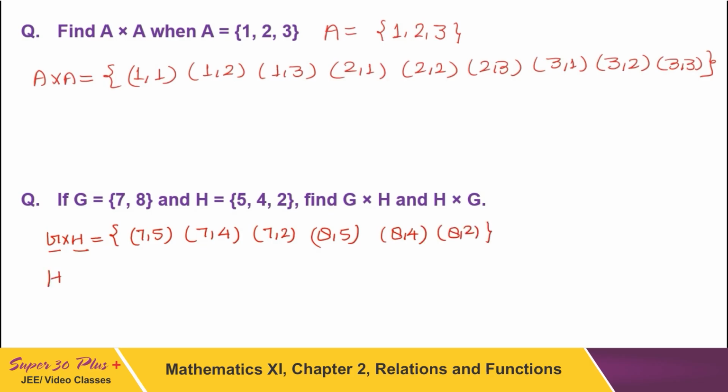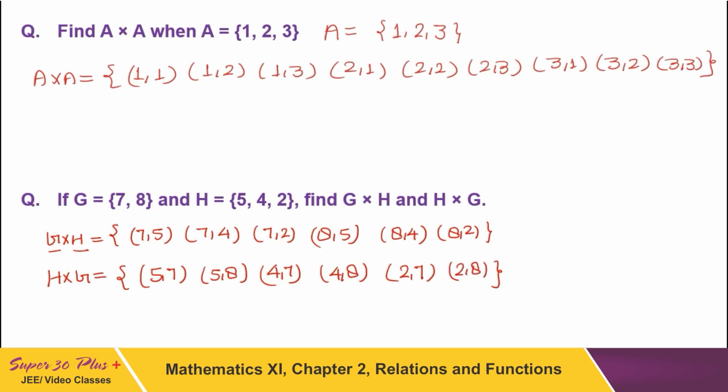And H cross G will be (5,7), (5,8), (4,7), (4,8), (2,7), and (2,8).